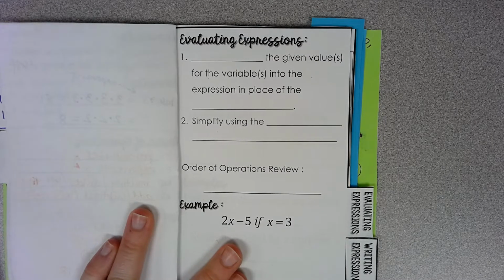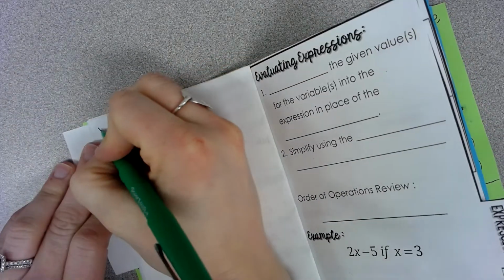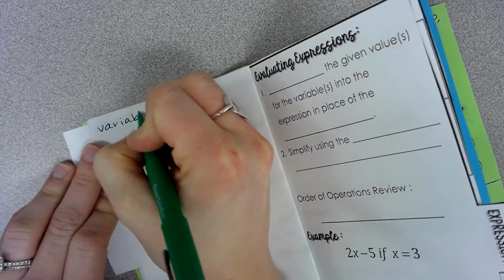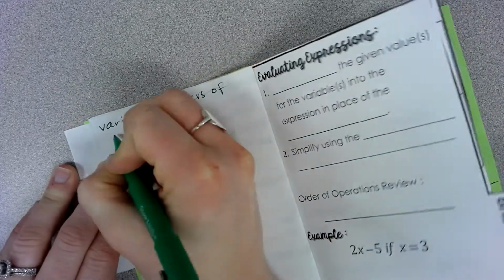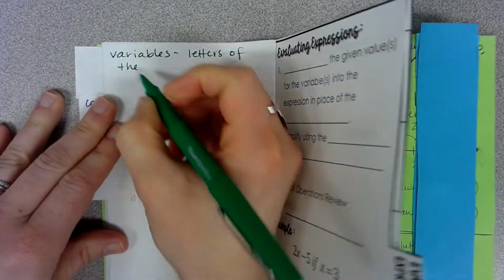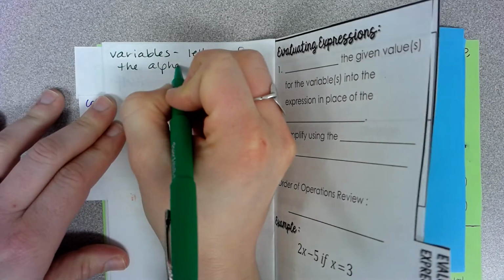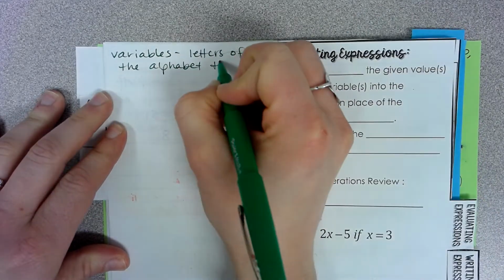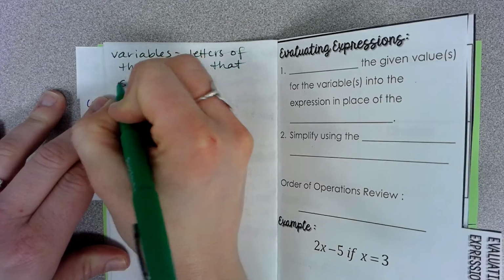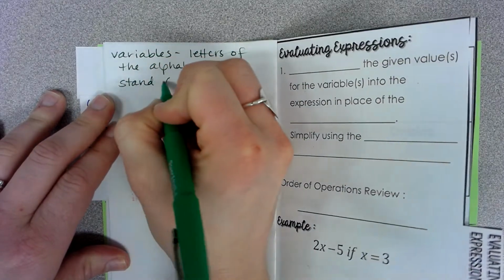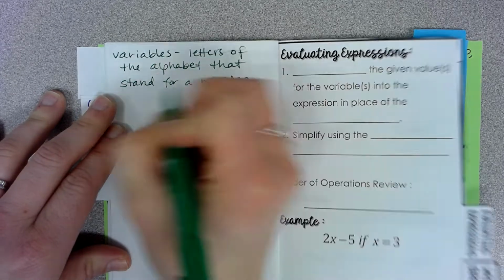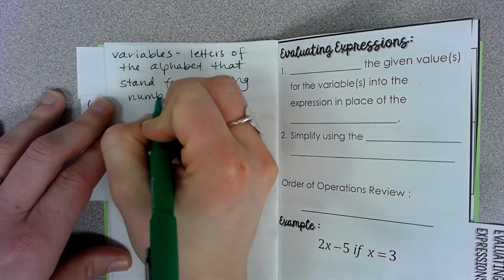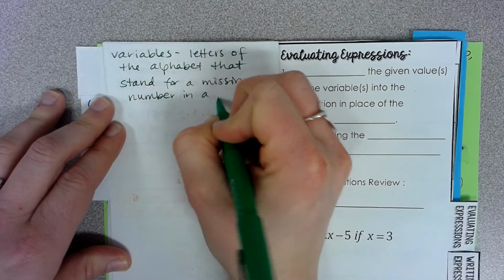And those are variables. So variables are letters of the alphabet that stand for a missing number in a problem.